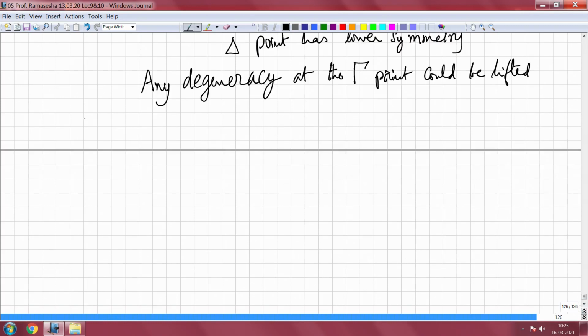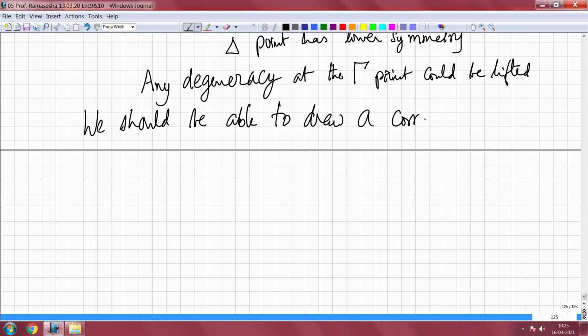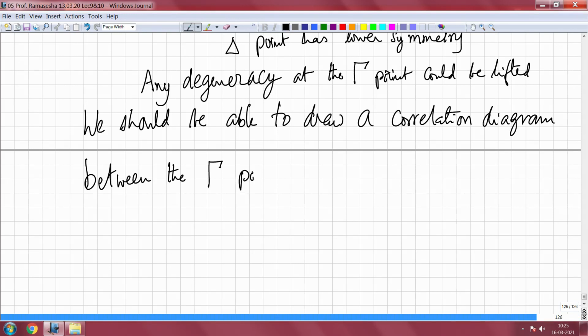And we should be able to draw a correlation diagram for energy levels at the gamma point and the delta point. So, how does one go about it?